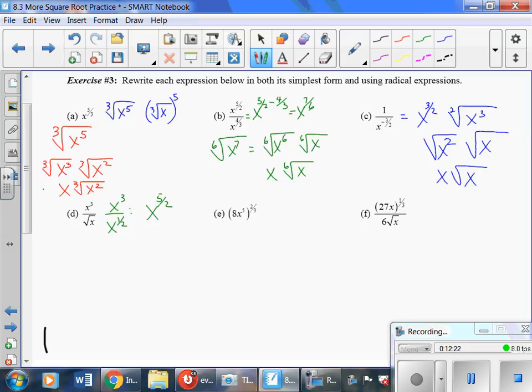So what that means is it's going to be the square root of x to the 5th, and we're going to pull out even power. So I can pull out x to the 4th. I have an x left over. So when we take 4 and divide it by our square root of 2, we get x squared, square root of x.